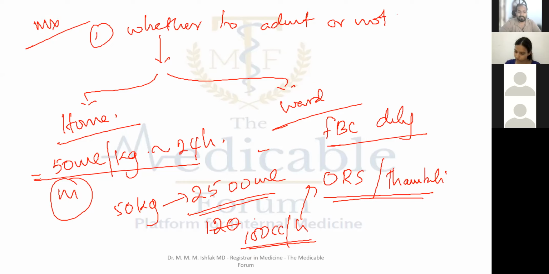Now, there are some things which you have to advise the patient, that if you get these things, come back to the hospital and get admitted. Now, they are called alarm signs. What do you mean by alarm signs? We need to make sure we advise the patient what the alarm signs are. That means they are the signs which tell you that you are going into the critical phase.